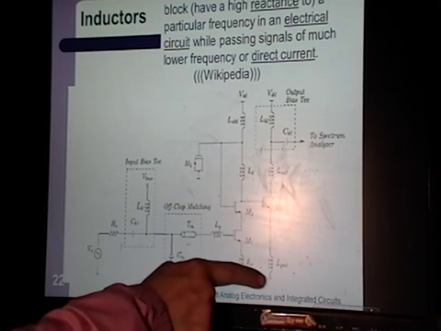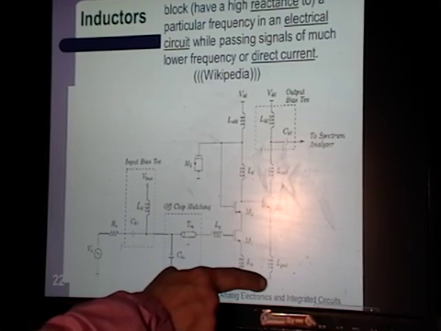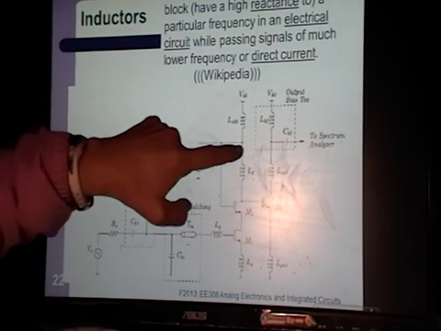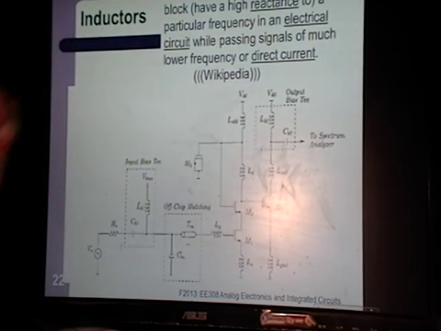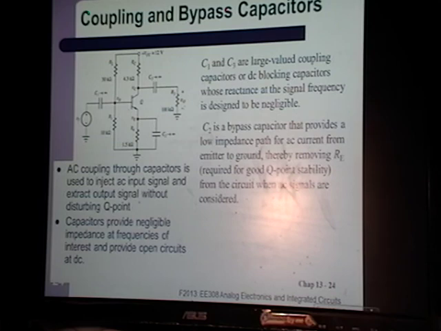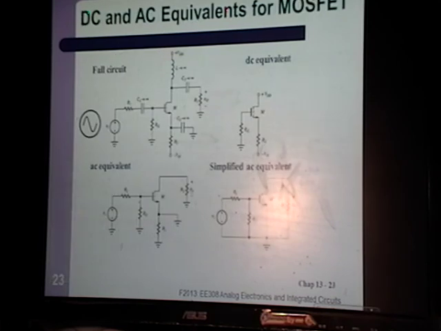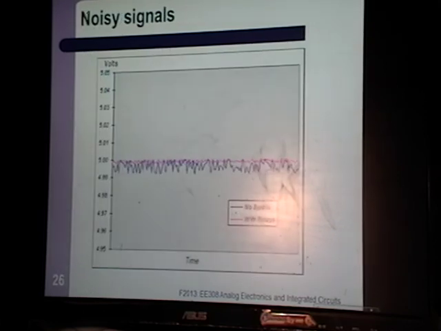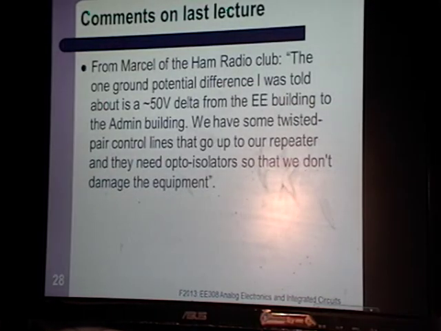This inductor would keep this node at this voltage. Same thing here. This would be VDD. This would be close to VDD. Yeah, this is the last part of the small signal definition, and we'll come back to that in a couple slides.